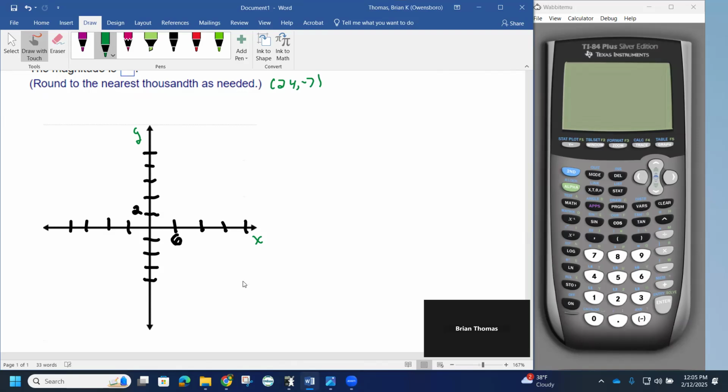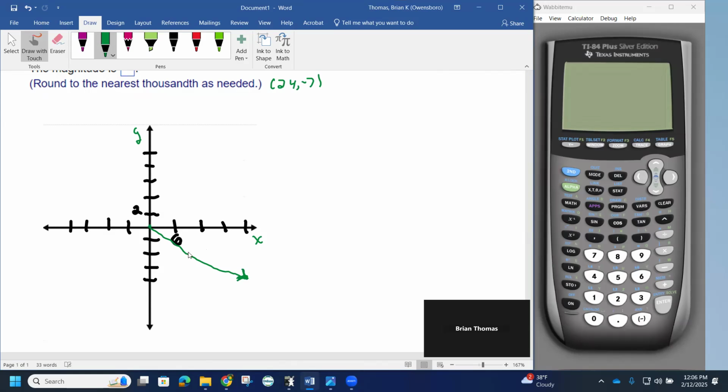This is going to be the location of what we call the head of the vector. The vector itself would start here at the origin, and then it would travel out to this spot right here, so it kind of looks like an arrow. The original position is usually called the tail, and its final destination is usually called the head.